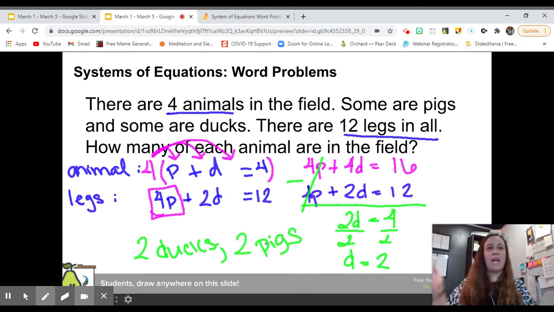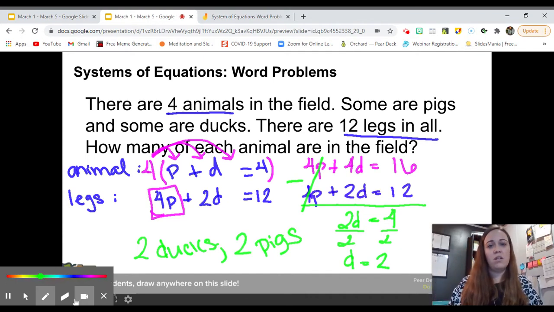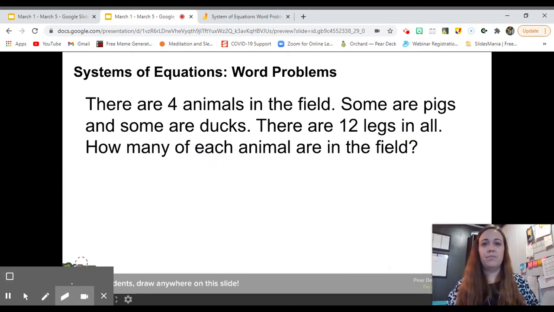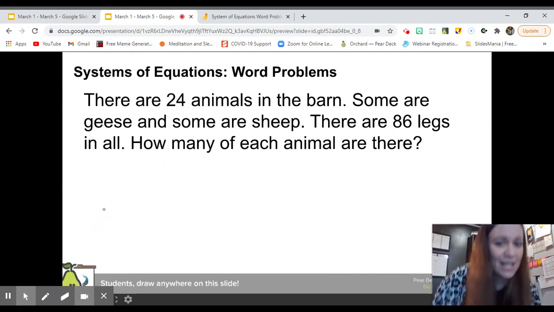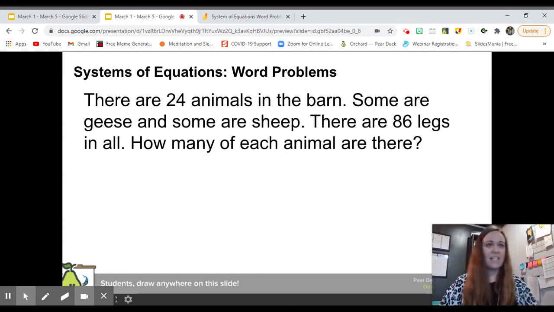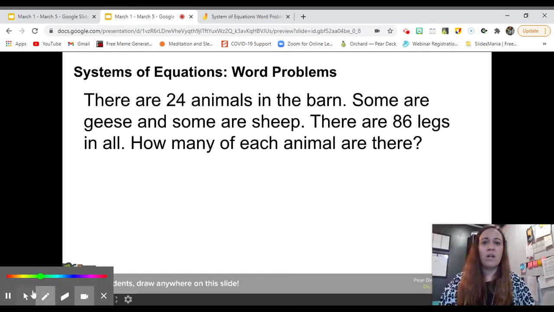Okay, let's go ahead and do another one. Let me erase it all. Okay, now this next one, same concept. We are talking about animals in a barn and their legs again. So we have 24 animals, and we're talking about geese and sheep.